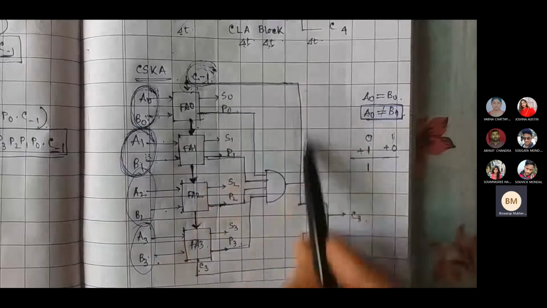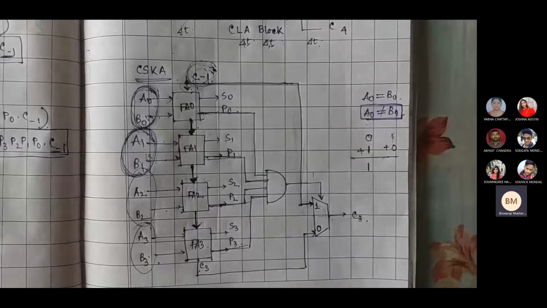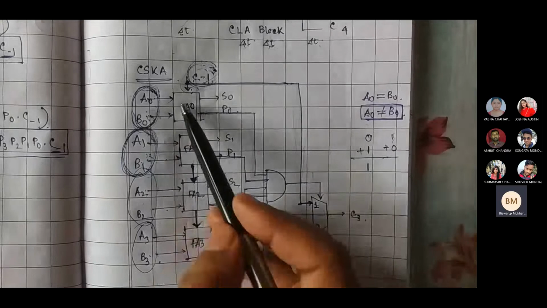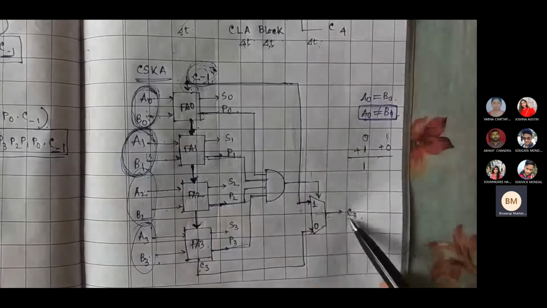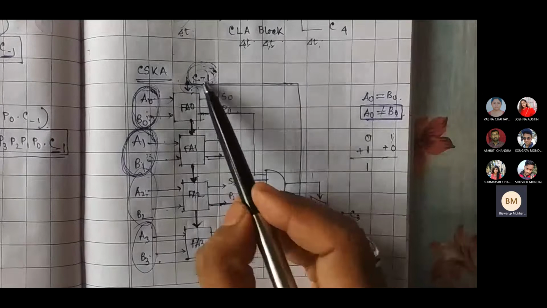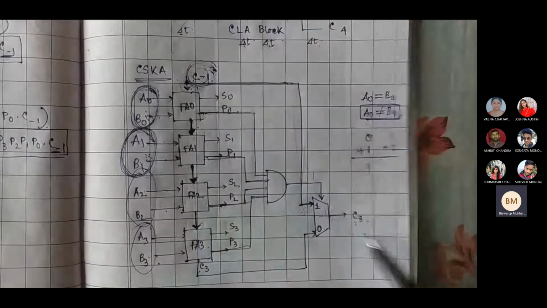Whatever C minus 1 এর যা ভ্যালু থাকবে, এটা যদি 1 হয় তাহলে এটা 1, এটা যদি 0 হয় this will be 0. Okay, as simple as that. So that means only you are adding, and this carry is actually generating the final carry. Whatever the C minus 1, if C minus 1 is 0 it will be 0, if it is 1 then it will be also 1, right?